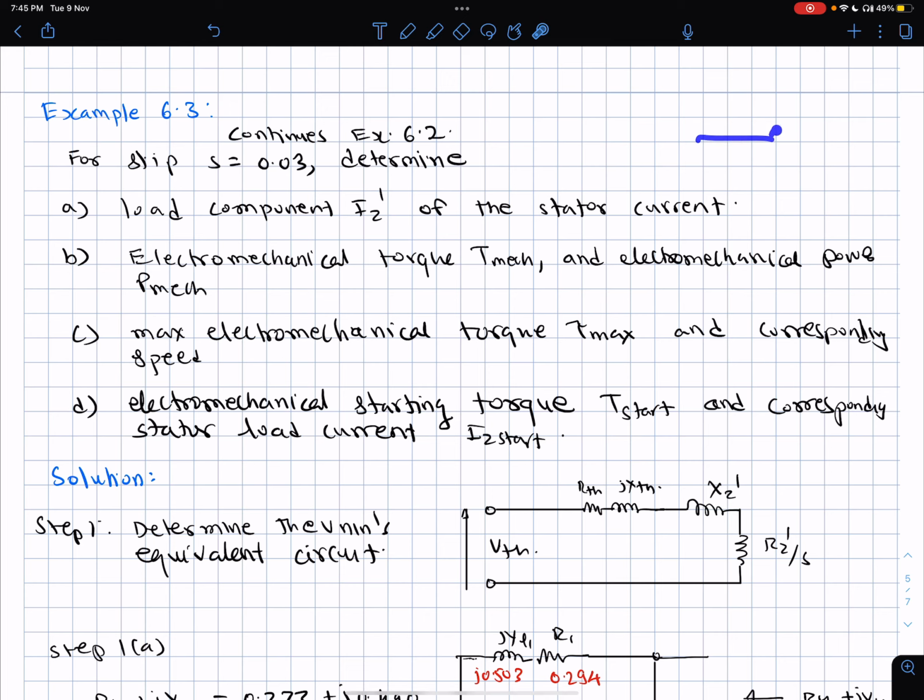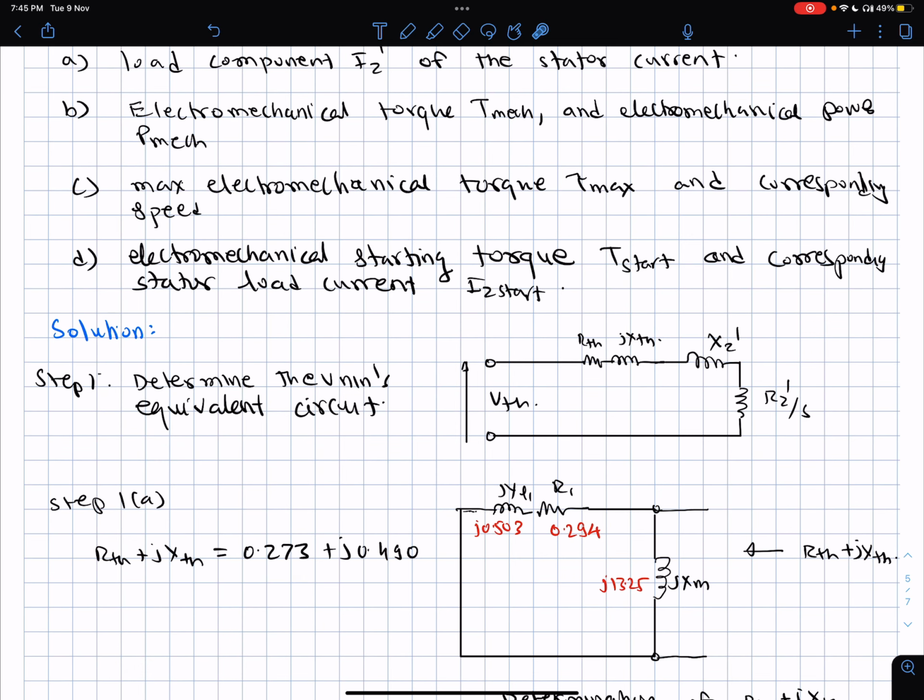Then you have the magnetizing component, and then you will get I1. Then electromechanical torque and electromechanical power, maximum electromechanical torque and corresponding speed, electromechanical starting torque and corresponding stator load current I2 start.